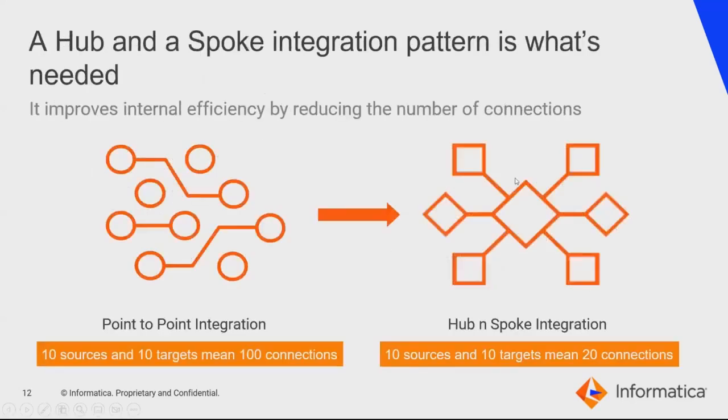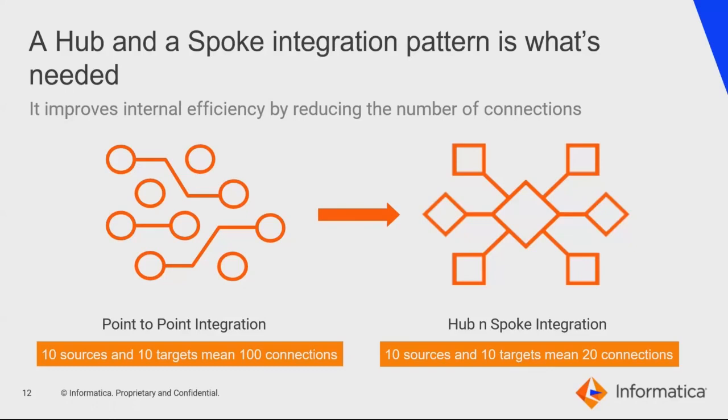Now, what is hub and spoke architecture? It is a pattern which allows you to go from point-to-point integration, which essentially means that you will have 10 sources and 10 targets, which eventually is going to cost you 100 connections. But with the hub and spoke architecture or an integration pattern, you will be able to have only 20 connections when you're trying to integrate 10 sources and 10 targets.